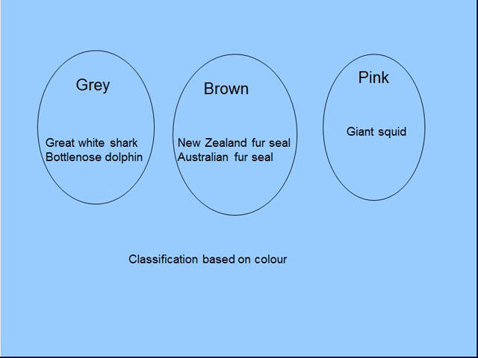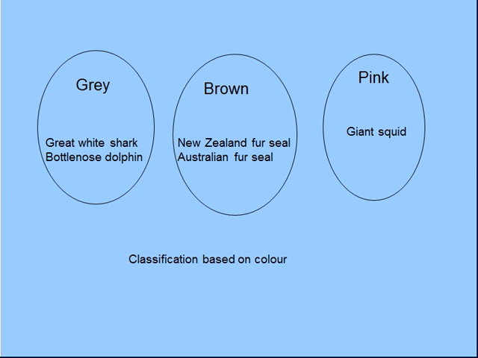Then brown: New Zealand fur seal and Australian fur seal. And the pink, or kind of reddish, giant squid. They probably can change colors quite a bit, but the ones that wash up and that we've observed have been fairly reddy-pinky in color. So that's one way to classify these organisms.